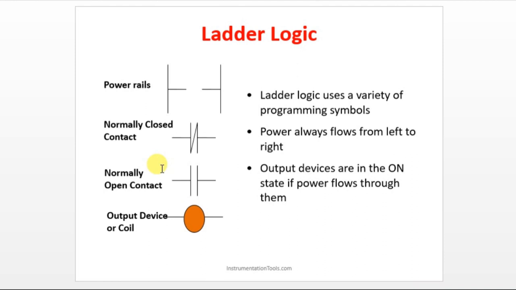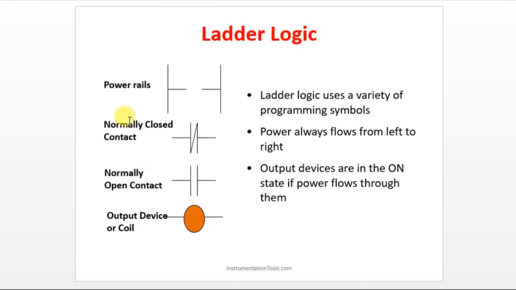Basically, it will not allow power to flow. If you disturb the state of the switch, it will allow power to flow. Like in our home, initially the fan or the light will be in off condition only. If you turn on the switch, it will allow power to flow into the fan so that the fan is rotating, right? Those types of switches are called normally open contact.